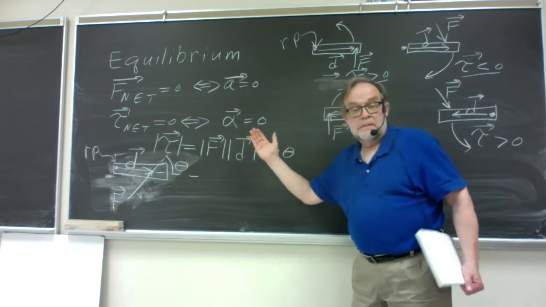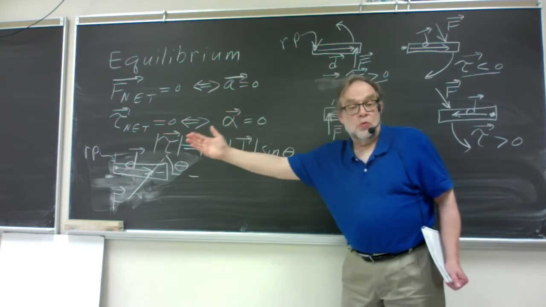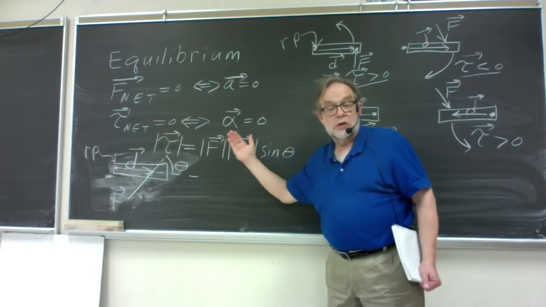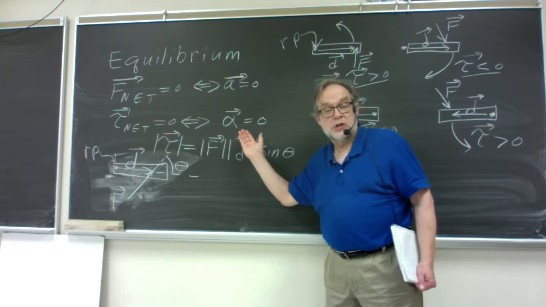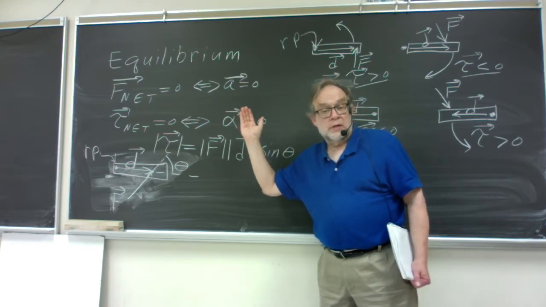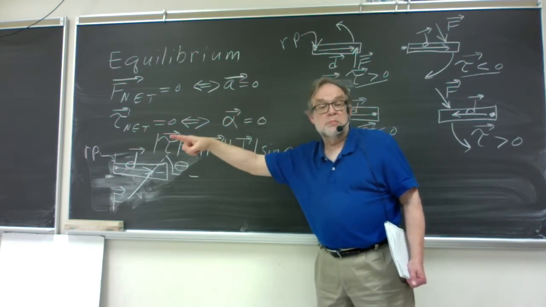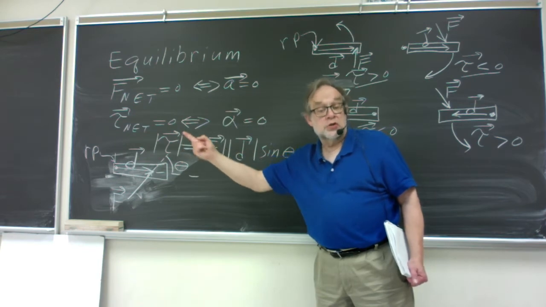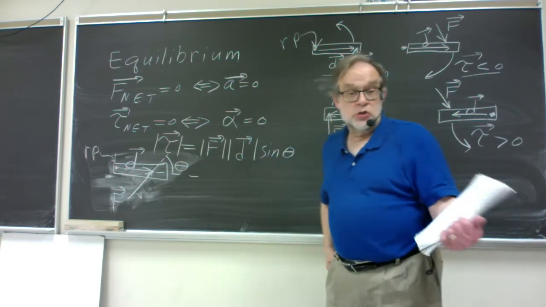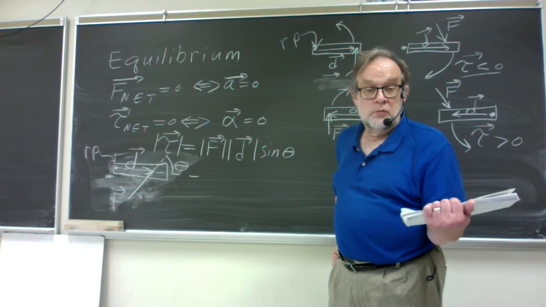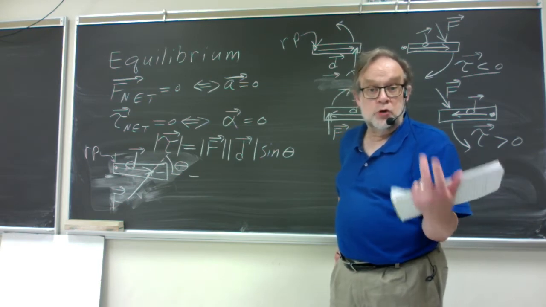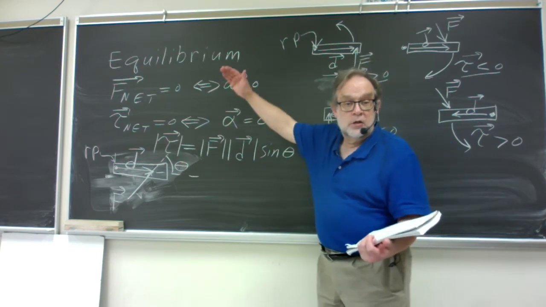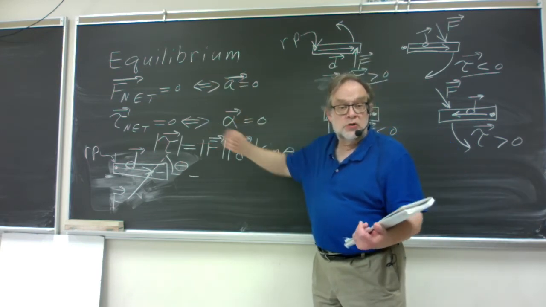And of course, torques are the things that cause angular acceleration. So if there is no angular acceleration, then you know that there is no angular acceleration because the net torque on the object is 0. So there are really two conditions for equilibrium. If you observe that an object is in equilibrium, you know two things right off the bat. Net force is 0, net torque is 0.